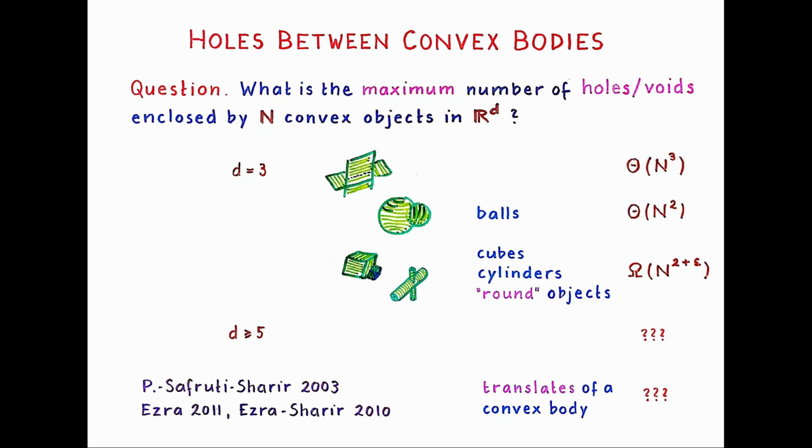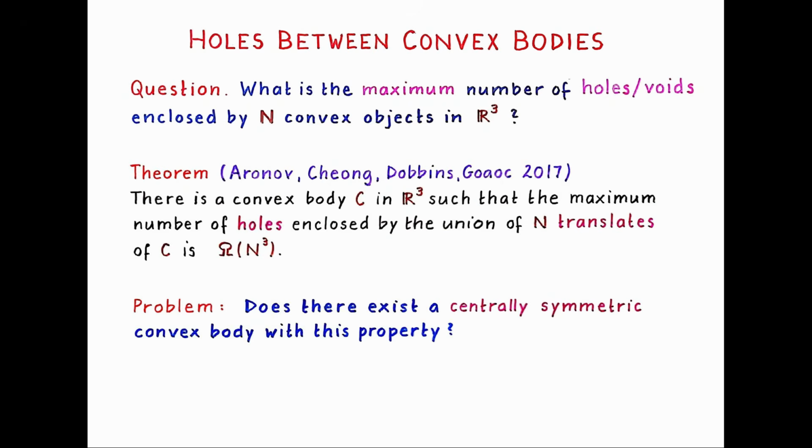Now, to the surprise of everybody who worked on this problem, in 2017, Aronov, Chong, Dobbins, and Clark came up with a counterexample. They came up with a three-dimensional body so that if you take n translates of this body, then they can actually surround a cubic number of holes.